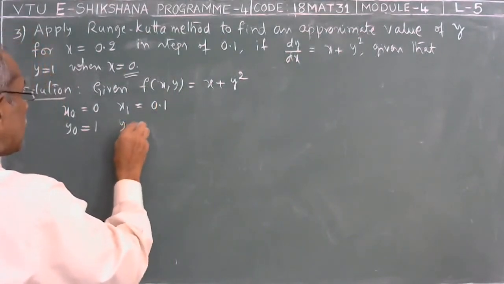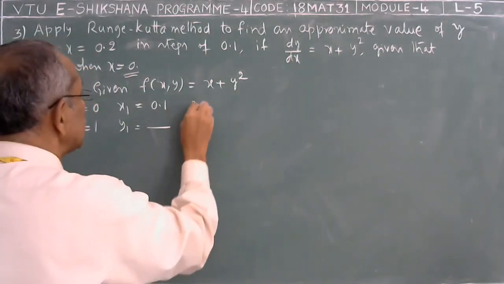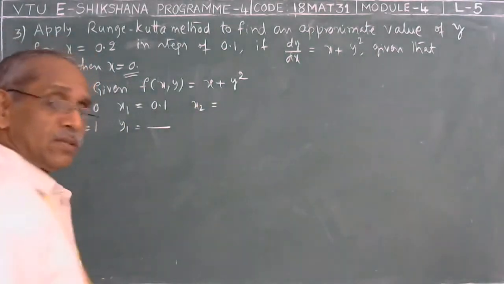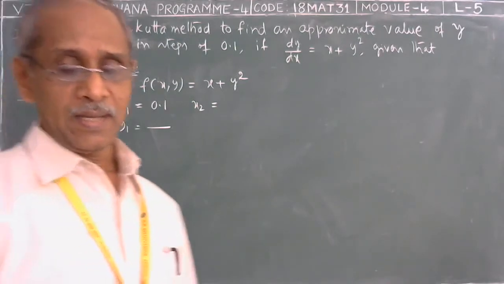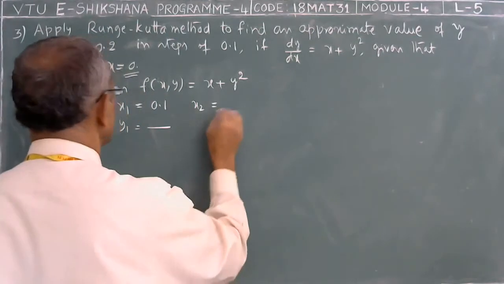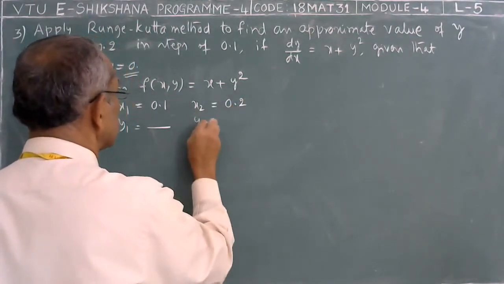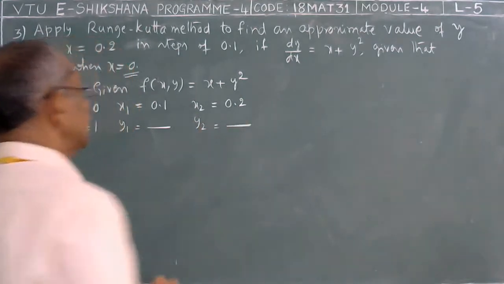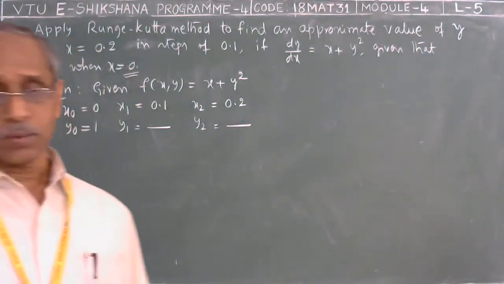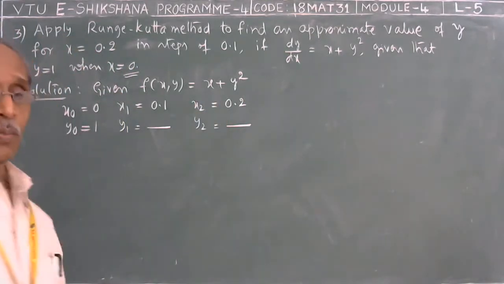The values of x are equispaced, so x2 is equal to 0.1 plus 0.1, that is 0.2. We need to calculate using Runge-Kutta method of fourth order y at x is equal to 0.2.